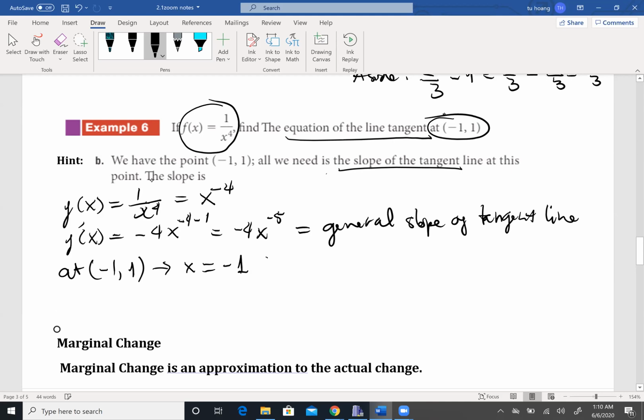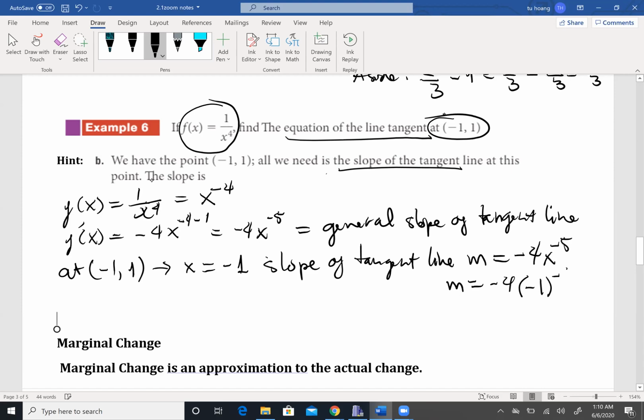The slope m of the tangent line equals negative 4 times x to the power negative 5, and I substitute x as negative 1, so I have negative 4 times (-1) to the power negative 5, and that will still give negative 1, so negative 1 times negative 4 gives 4.